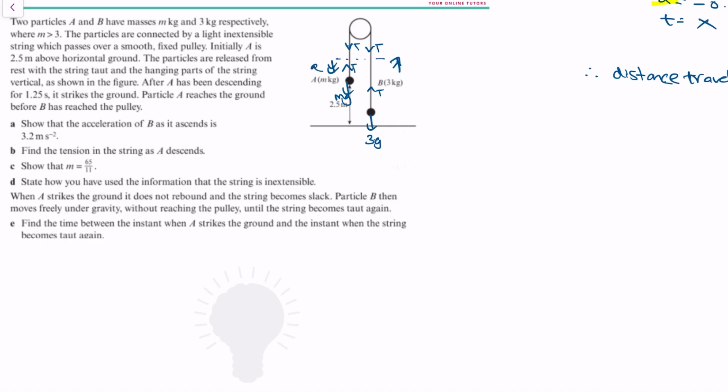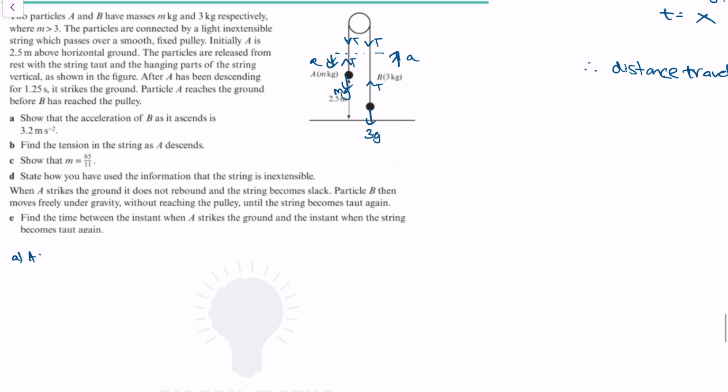So we want to work out acceleration. Because it's an inextensible string, the acceleration of A is equal to the acceleration of B. Because we know enough information about A, if we set up SUVAT for A, then we can use one of the equations of motion to find a.